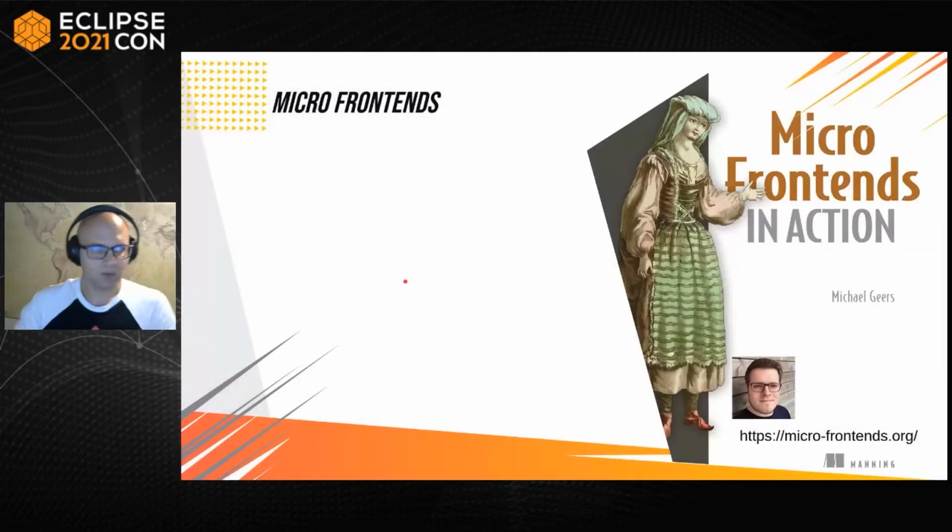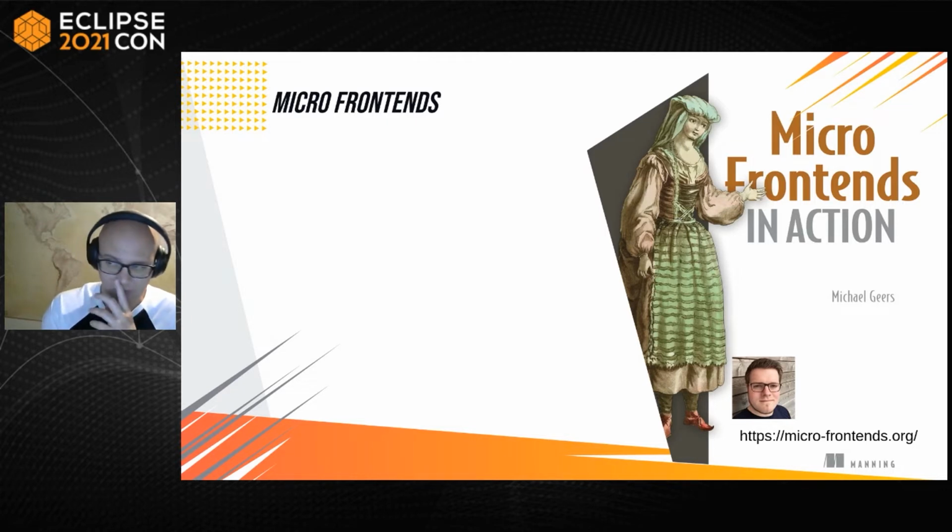Now, obviously, if you go onto the internet, you can find all sorts of other definitions of what a micro frontend is. Michael Geers wrote the book Micro Frontends in Action, and also runs a website called microfrontends.org, which goes into much more detail and into the principles of what a micro frontend is.